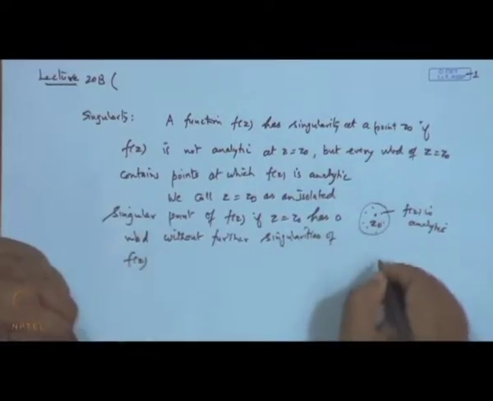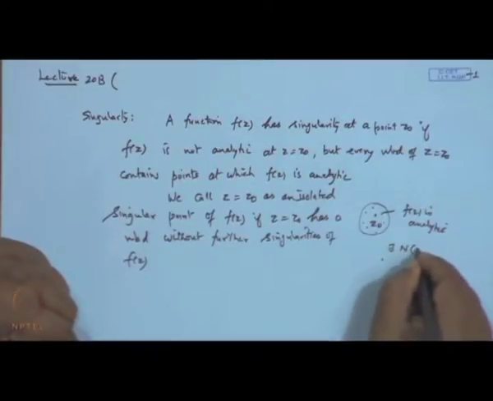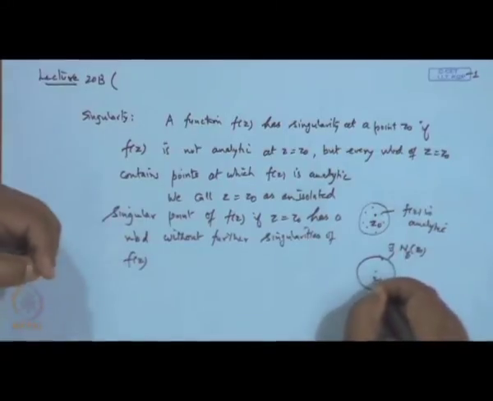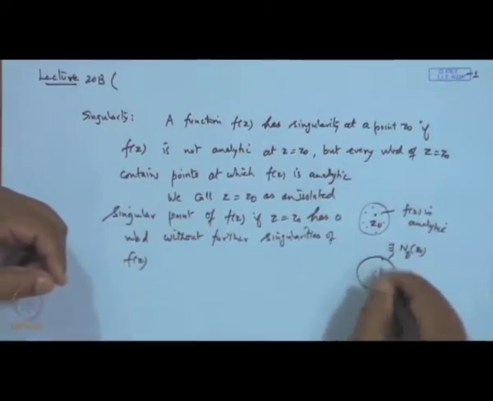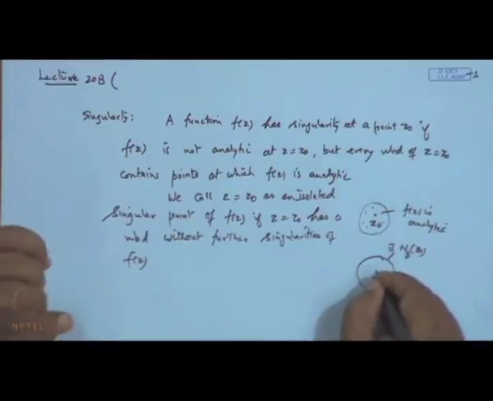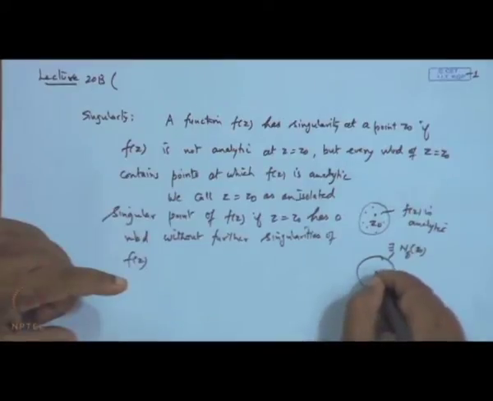It means there exists a neighborhood of the point z naught with a suitable radius delta naught, such that this neighborhood is free from singular points of f z except z naught, meaning the function is analytic everywhere in this neighborhood except at z naught.